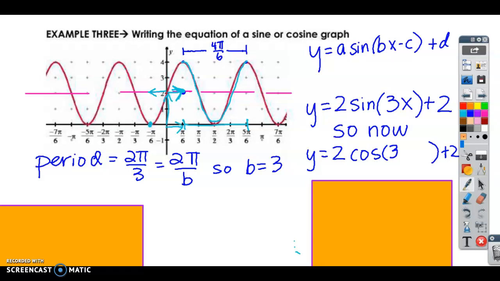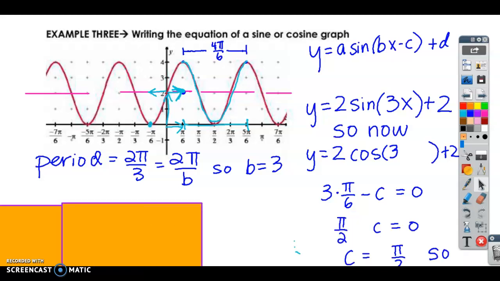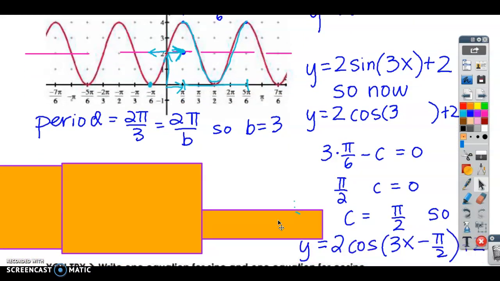Normally you set the inside expression equal to 0 and solve, but we're going to plug in pi over 6 and see what we get. If 3 times pi over 6 minus c equals 0, what is our actual phase shift? We've got pi over 2. So just solve the equation.